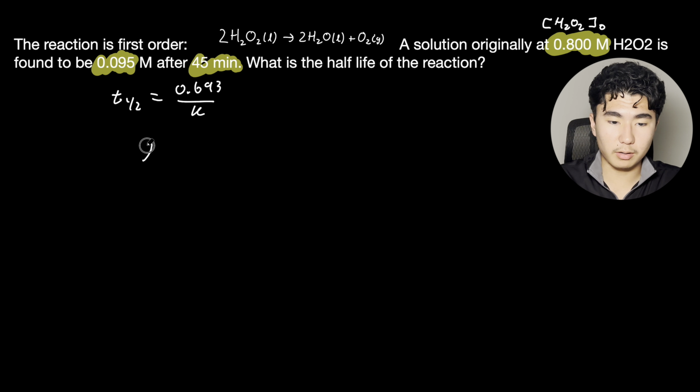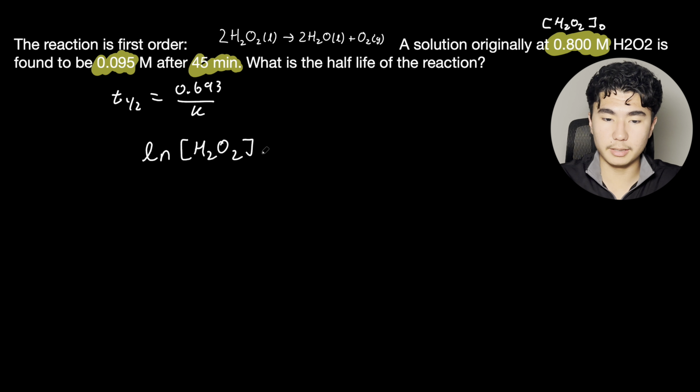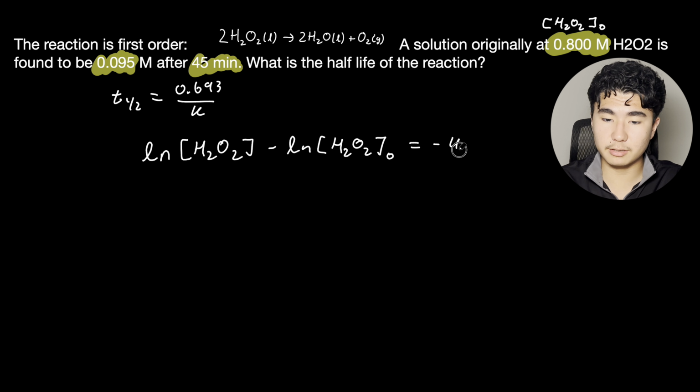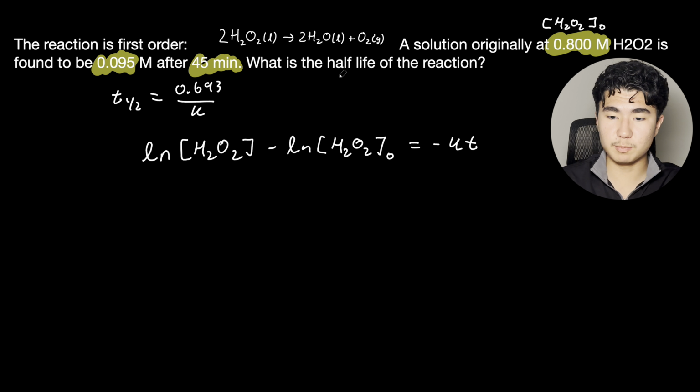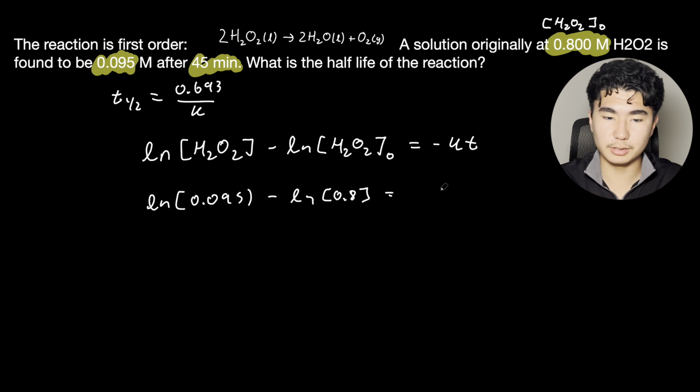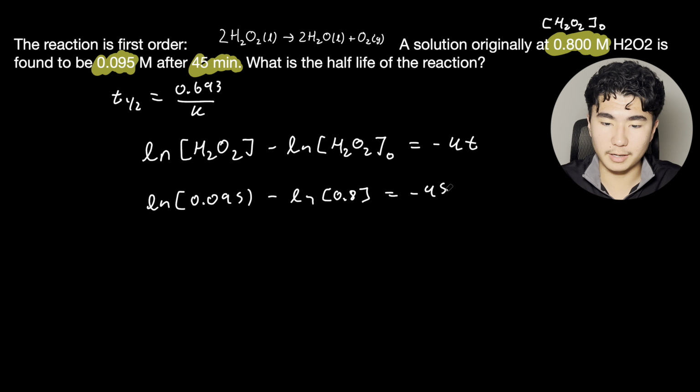So we can remember our equation. This was ln of H2O2, minus ln of H2O2 at time 0, and that equals negative KT. So all we have to do is plug in our numbers. So ln of 0.095 minus ln of 0.8 should equal negative 45K.